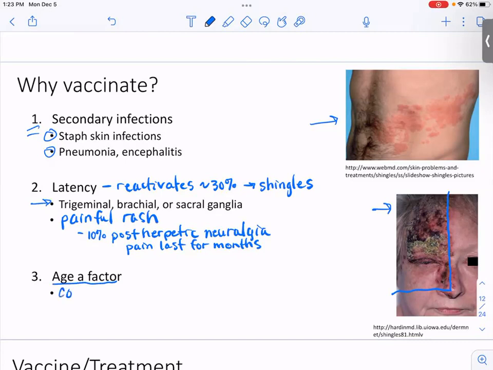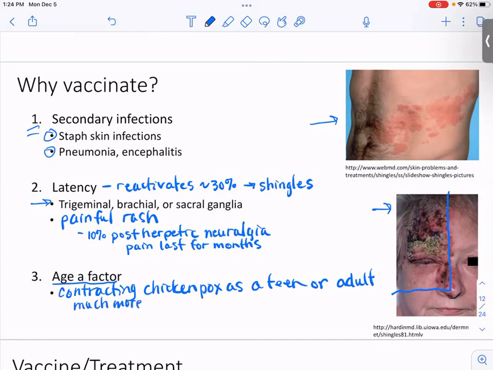Okay, contracting chickenpox as an adult, say as a teen or adult, is much more serious. People are much more likely to have these serious side effects like pneumonia and encephalitis. It can potentially even be deadly.